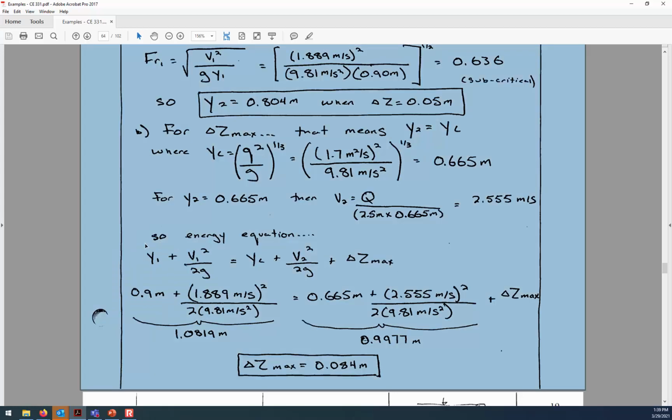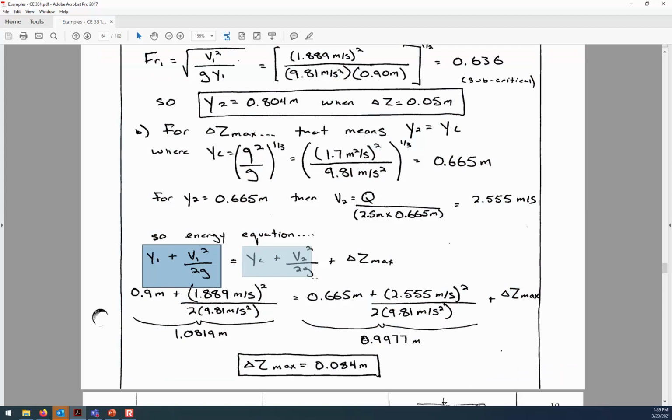So there's the energy at 1, the energy at 2, and the only unknown there is the delta Z max. And so the highest that step can go is 0.084 meters. And if the flow goes any deeper than that, then pooling has to occur upstream.